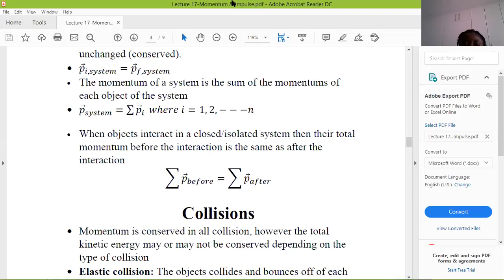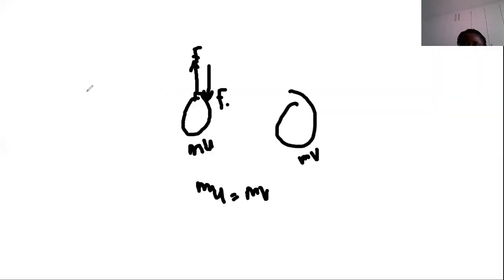Let's look at this. Let's say we have a system with two cars, for example. This is car number 1, and then we have car number 2. Let's say these cars are traveling in the same direction.